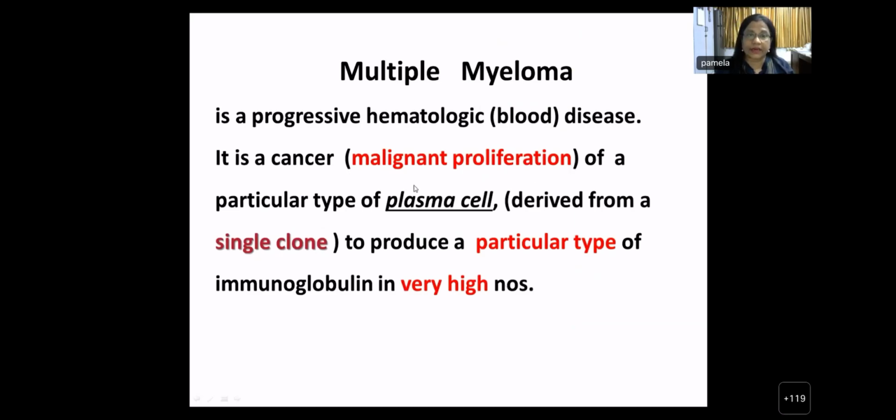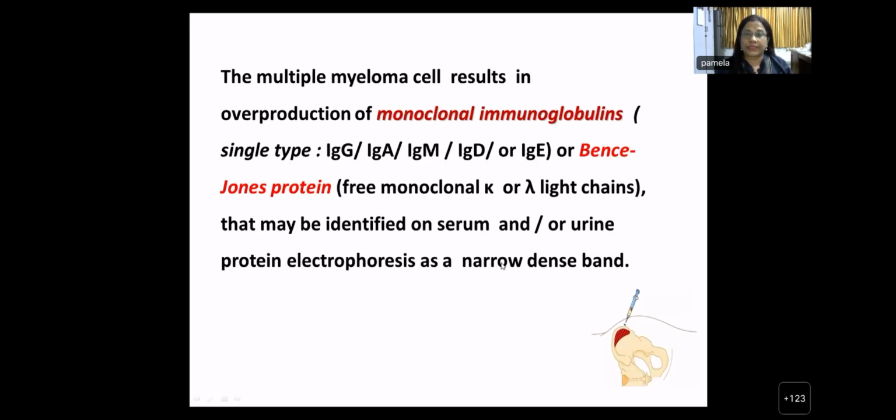It is a cancer, a malignant proliferation of a particular type of plasma cell derived from a single clone, which is programmed to produce a particular type of immunoglobulin in very high numbers. So this multiple myeloma cell results finally in overproduction of monoclonal immunoglobulins.